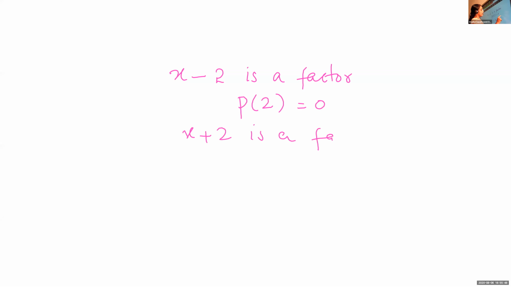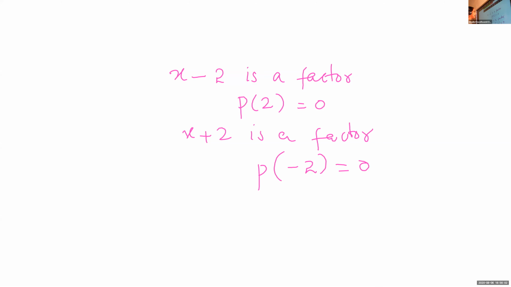If x minus 2 is a factor, then P of 2 is 0. If it is minus, here it should be plus. And if x plus 2 is a factor, what is 0? P of -2 will be 0, isn't it?